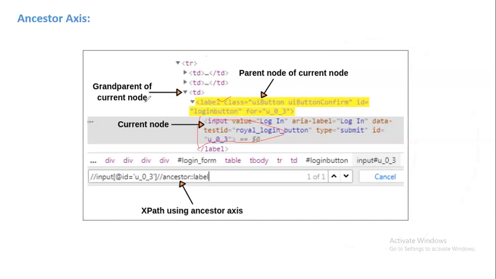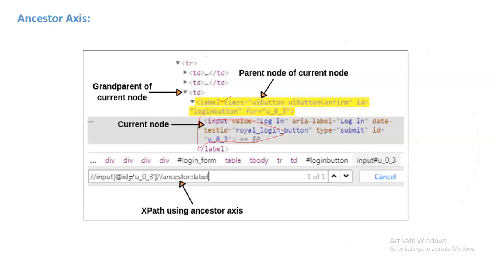So I need to select the ancestors. What does the ancestor axis select? It selects all the ancestor elements: parent, grandparent, and great grandparent of the current node. If you want to select all the ancestors, not only the parent, suppose the current element is slash slash input ID equal to something. It means you are selecting that input element with ID something.